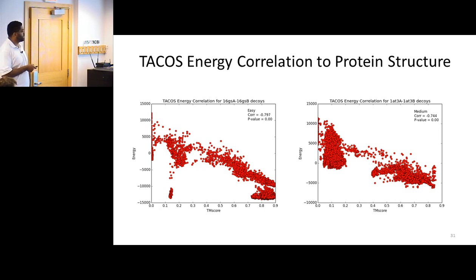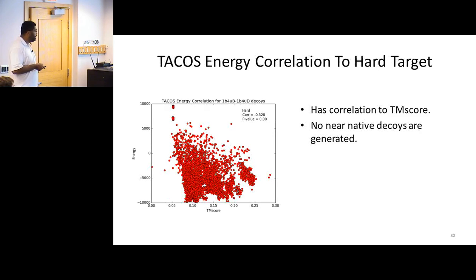You can see this downward trend for both, where there's a pretty significant correlation. When we have no template, you're stuck doing free modeling and hoping your statistical potentials work really well.